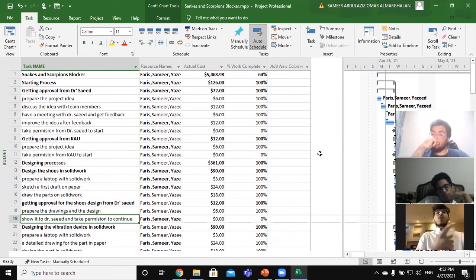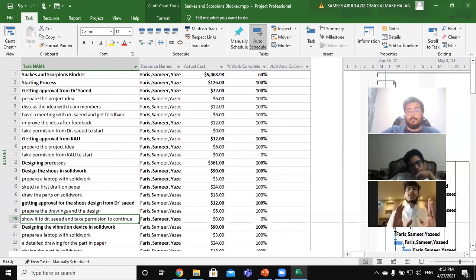And we talk about the price, because now I talk about the budget and price. Me and Sameer and Yazeed, we put all the money in each task here, and we have actual cost and work complete.